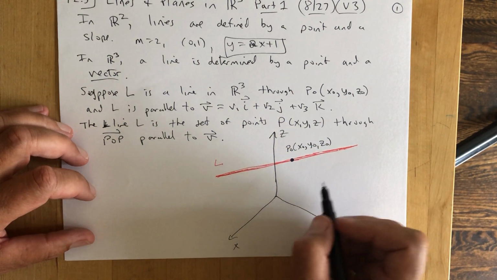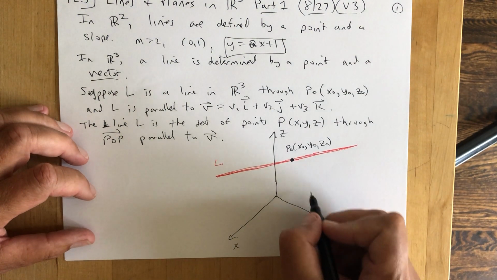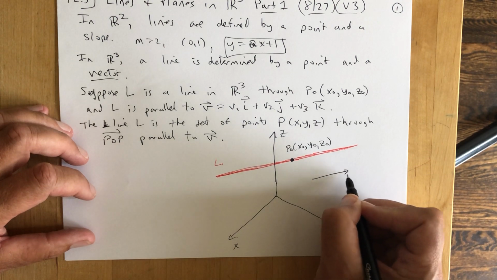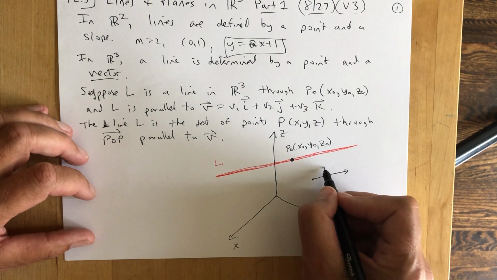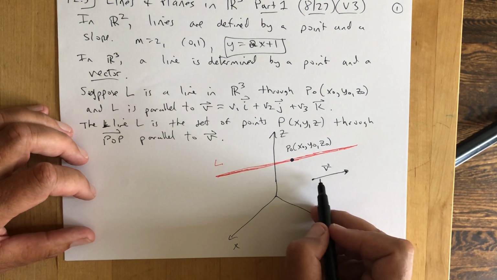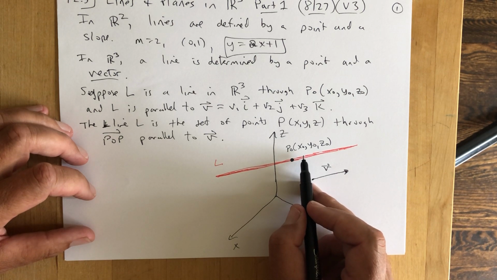And this line L is parallel to some vector. The vector could be anywhere, but just because these are nodes, I'm going to put the vector down here, the vector v. And this vector v is parallel to this line, right?